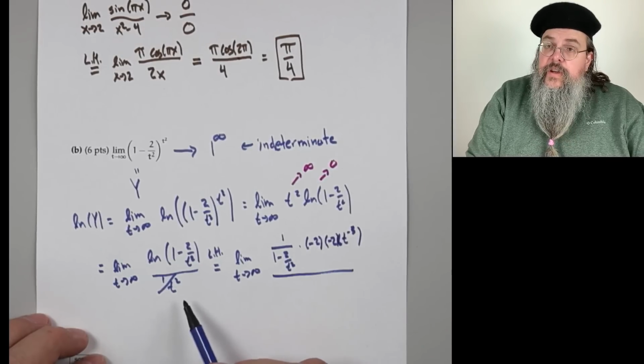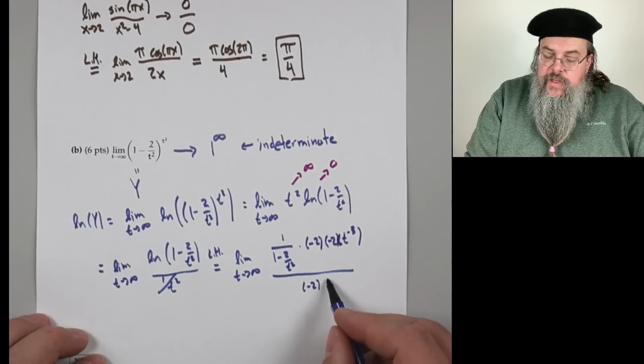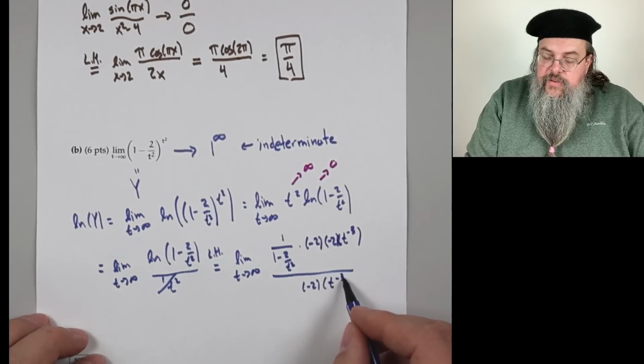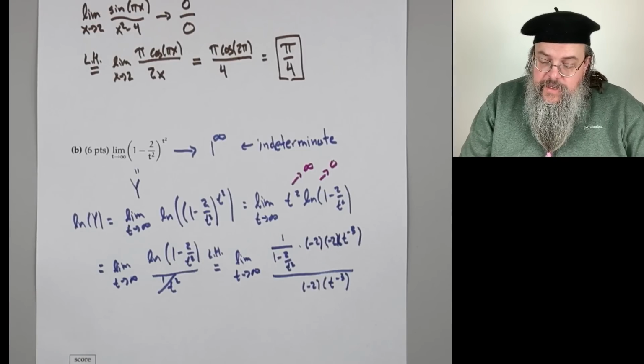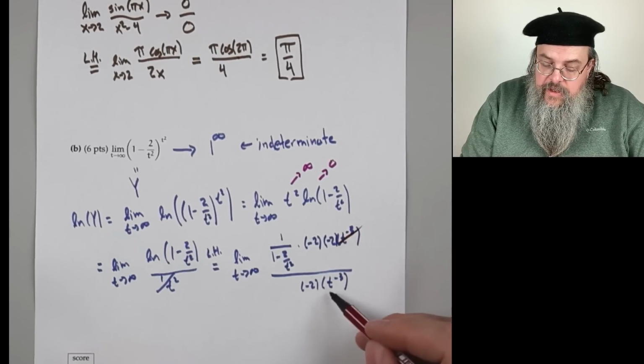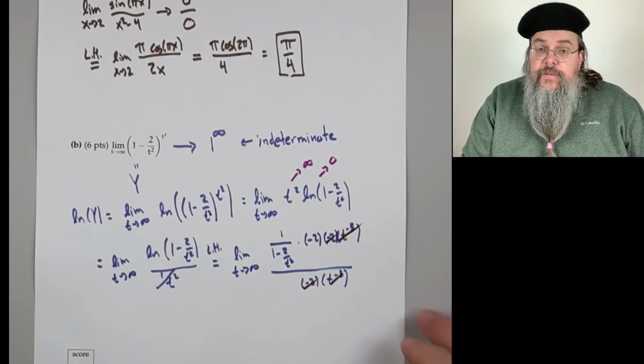Now downstairs, again, that's t to the minus 2. So we have a minus 2, and then a t to the minus 3. And now we say, things simplify, because we can cancel. And what do we have left?